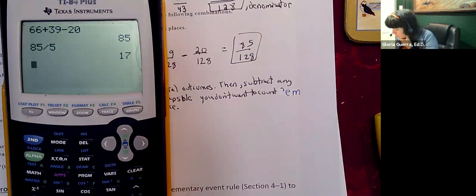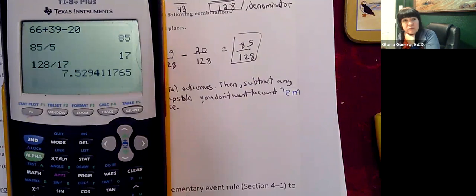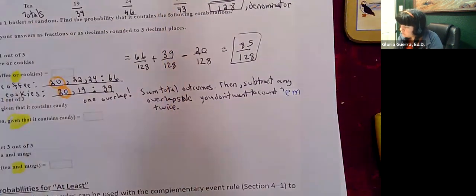I don't think 17 will go into 128. Yeah, it doesn't, not evenly. So you can't reduce that by 5, and you can't reduce that by 17. So that's lowest terms. Okay, so I'm going to just leave it as a fraction. I'm not going to make it into a decimal and a percentage.